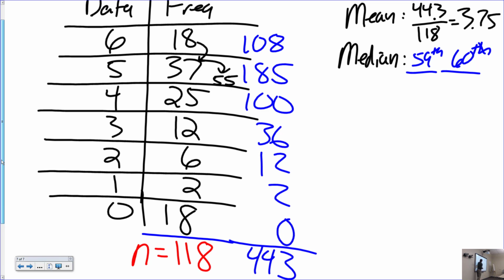So the 55th number is a 5, right? What's my 59th number going to be? 4. What's my 60th number going to be? 4. These are both 4s. What's the average of 4 and 4? 4. Hey, what do you know? 4. I actually put that in my calculator. Had to make sure.